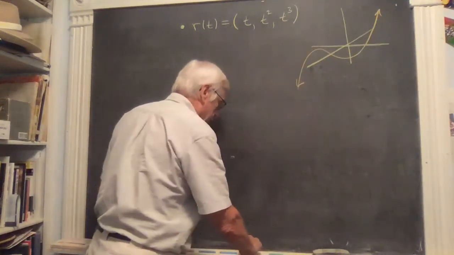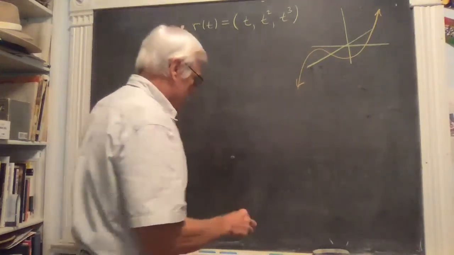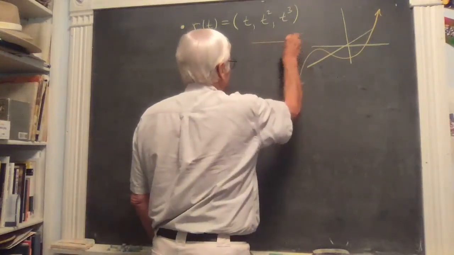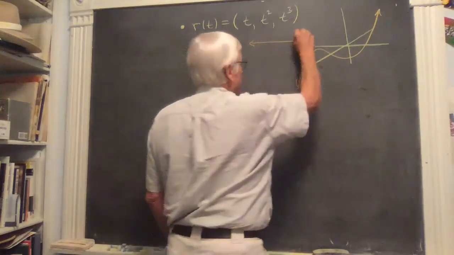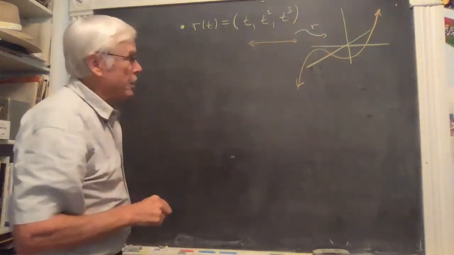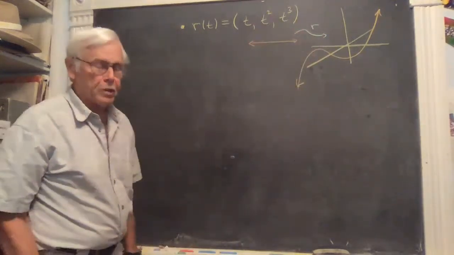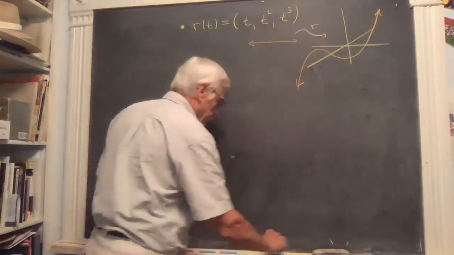Maybe I said graph, but this is the trajectory, this is the range. So what this function actually does is take the real line or a piece of the real line, and R maps it into three-dimensional space. This is the range of R that we're graphing, and typically this is called the trajectory. So this is the first function.